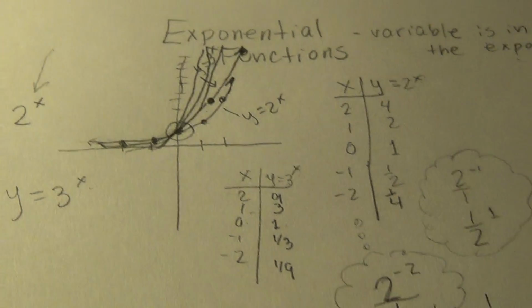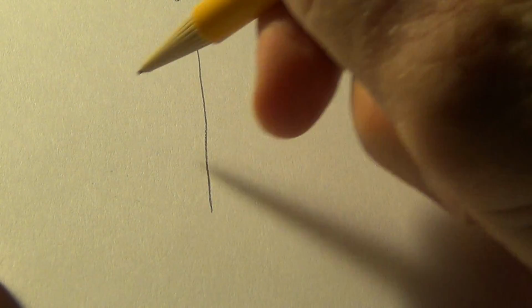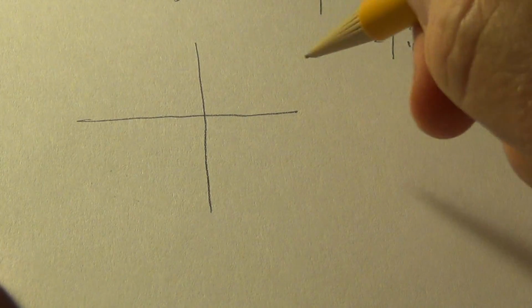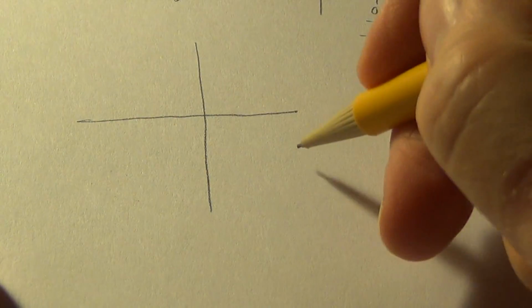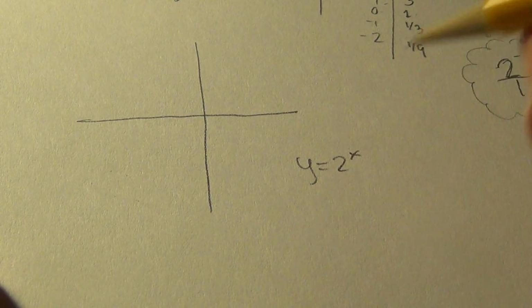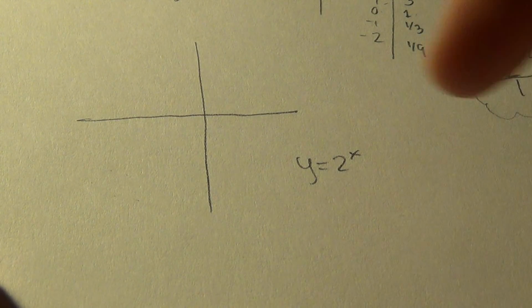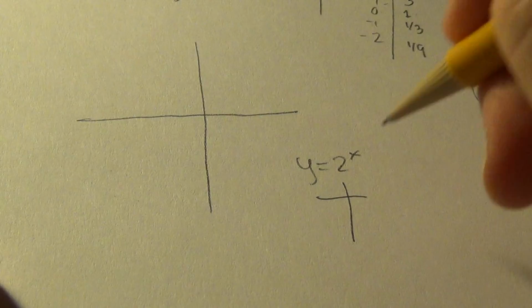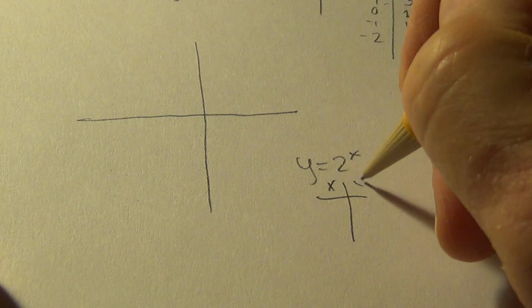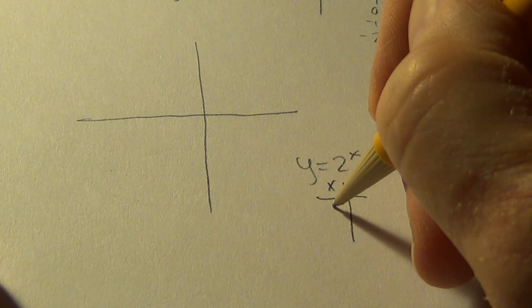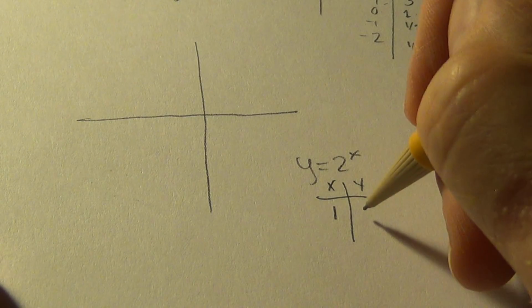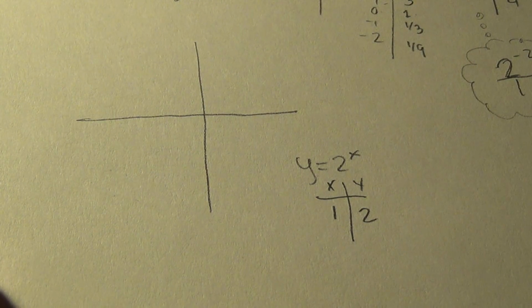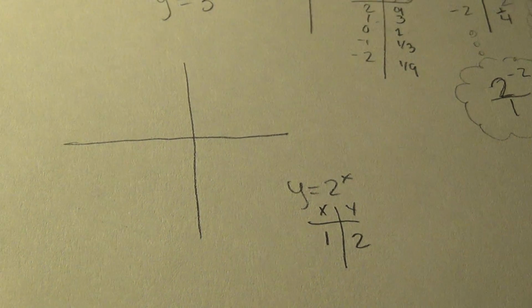So what I expect of you, suppose I asked you out of the blue to graph y equals 2 to the x. I would not ask you to do a sissy chart beyond this. I would like you to do, when x is 1, what is y? That's not much of a chart, but that's all I want you to do.